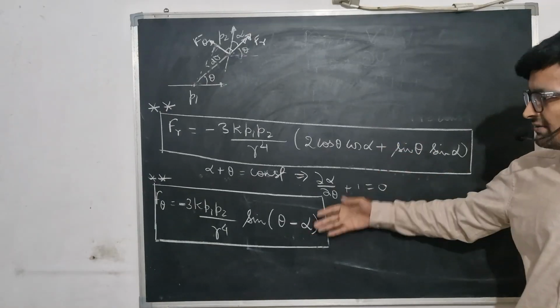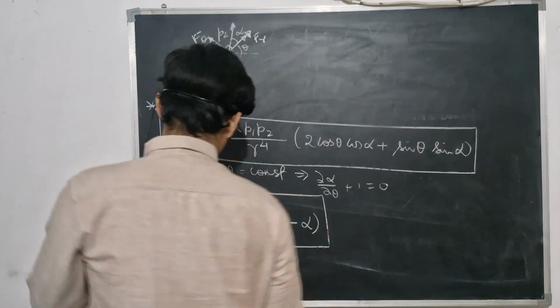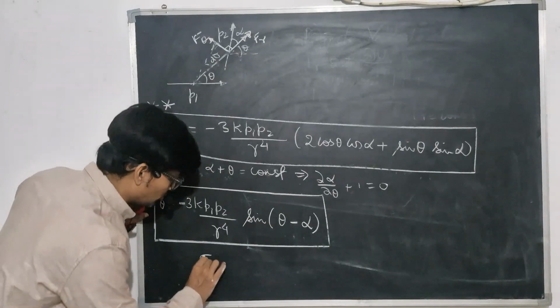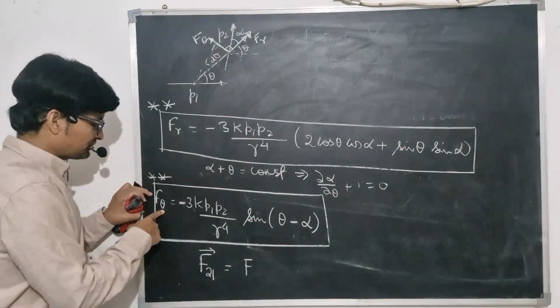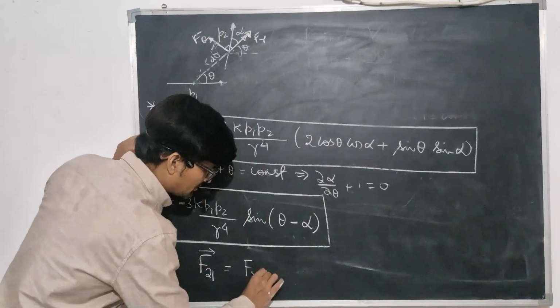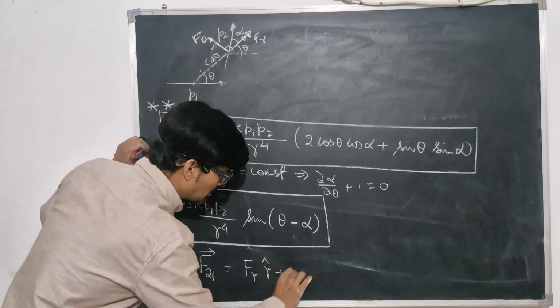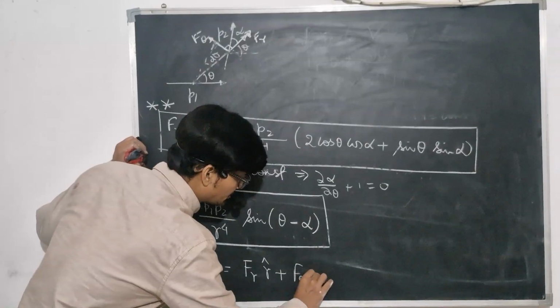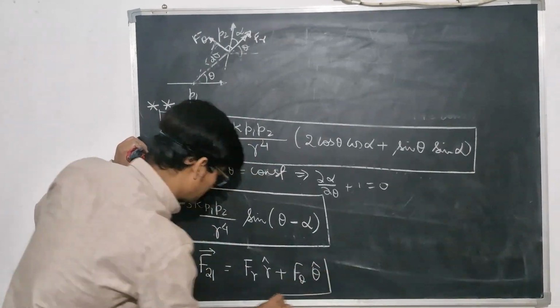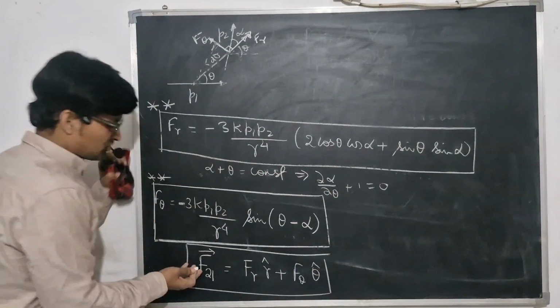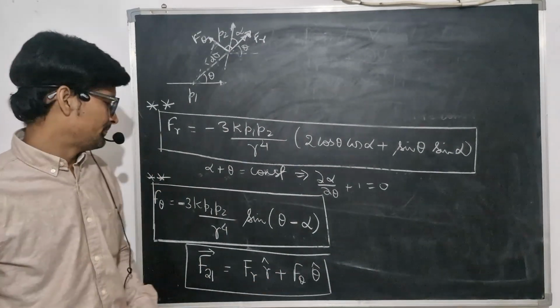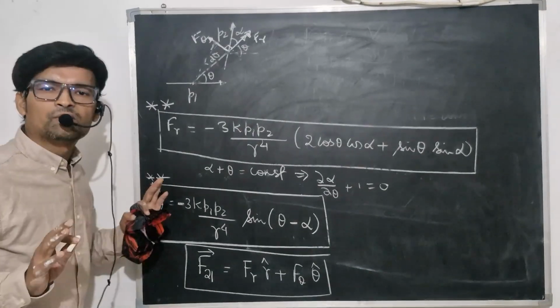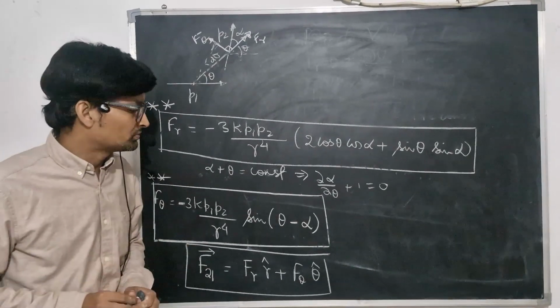We have these two components of the forces. So the net force on dipole 2 due to dipole 1 is f r in the direction of r cap, plus f theta in the direction of theta cap. That's it. The magnitude will be the square root of f r squared plus f theta squared. That's all about the force of interaction between these two dipoles.